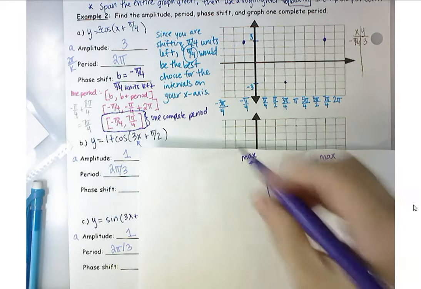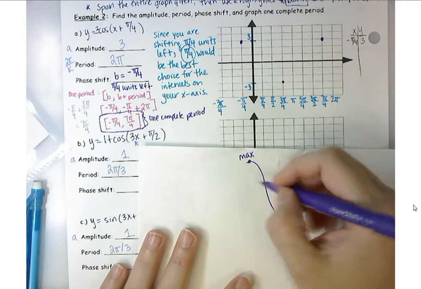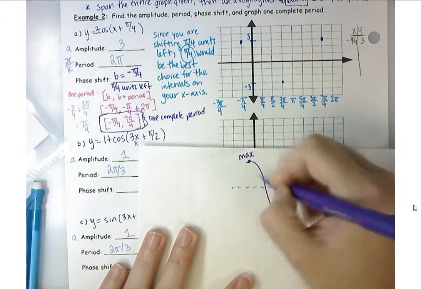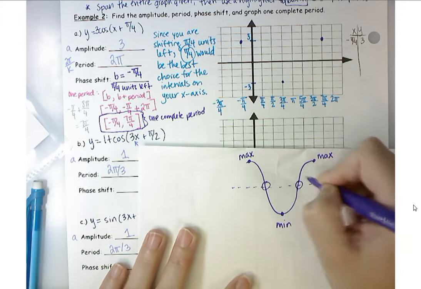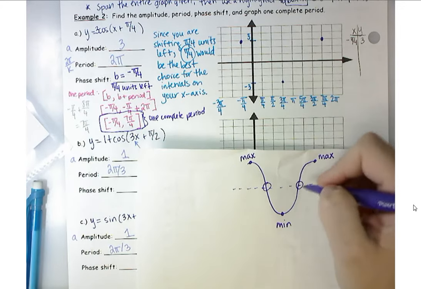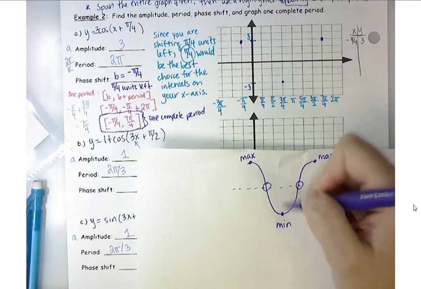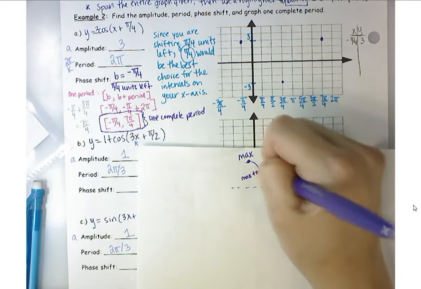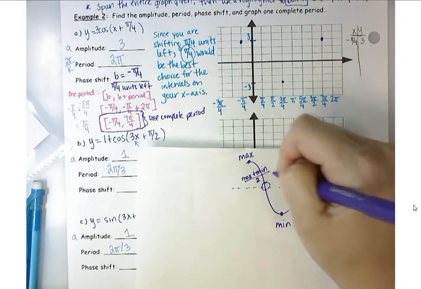Now, halfway in between those, it was hitting the x-axis. It's not always going to hit the x-axis, but it is always going to hit halfway in between. So if you take your max value plus your minimum value and divide it by 2, that's how you'll get these 2 points.